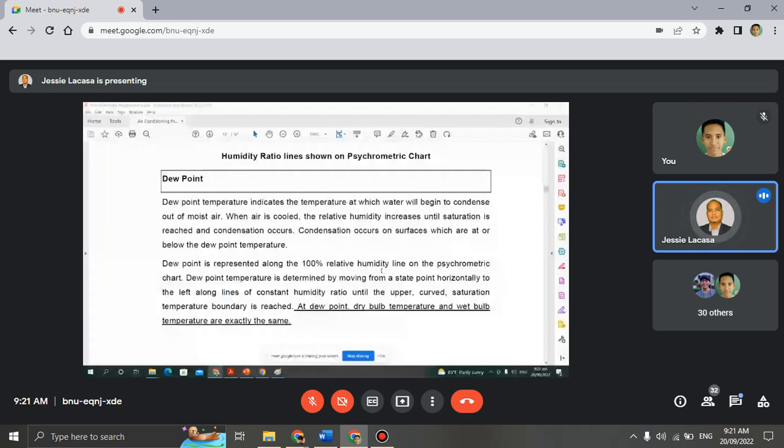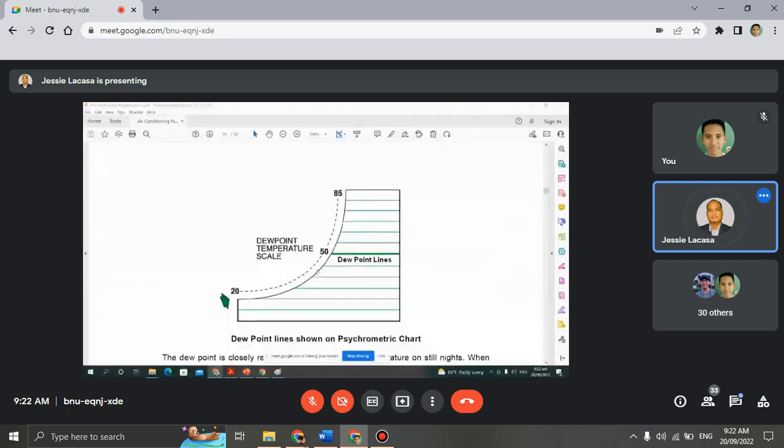Once it reaches the dew point temperature on the saturation line, it will condense. So the air passing through is dehumidified. Some of the moisture forms into liquid, then contacts the cooling coil. So that is the dew point temperature.